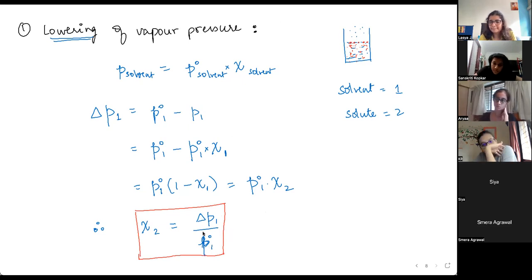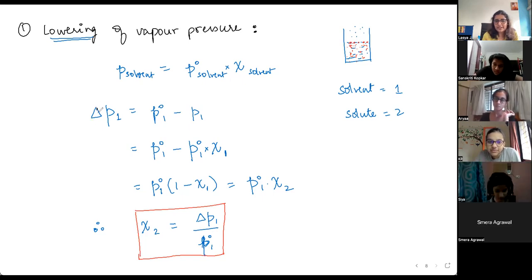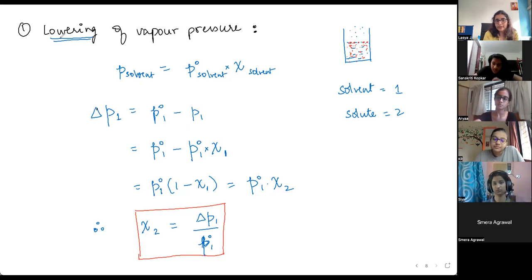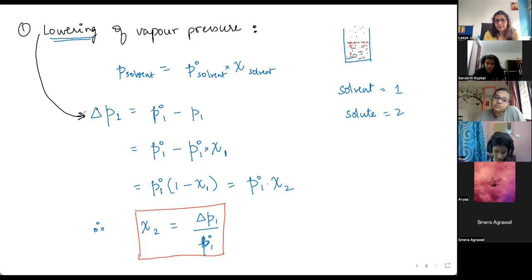Ma'am, how did you get the first thing, the delta P? The rest I understood. So delta is change in vapor pressure, right? We're talking about lowering of the vapor pressure, by how much it is lowered. So the change in vapor pressure is the original vapor pressure when it was pure minus the changed, lowered vapor pressure.